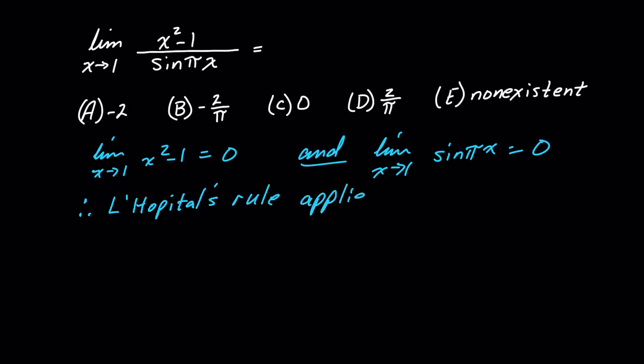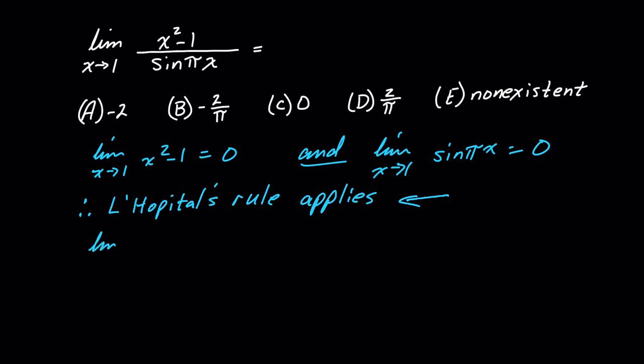Now, I'm writing this out, and of course on a multiple choice question on the AP exam, you don't really have to write this out. You're just answering with the correct letter response. But I just want you to get in the habit of making sure that you make this statement that you are using L'Hopital's rule.